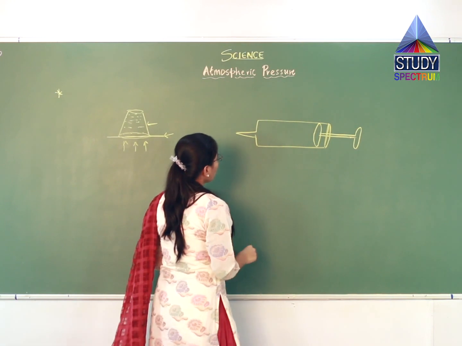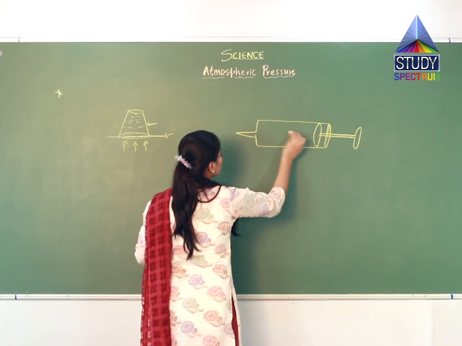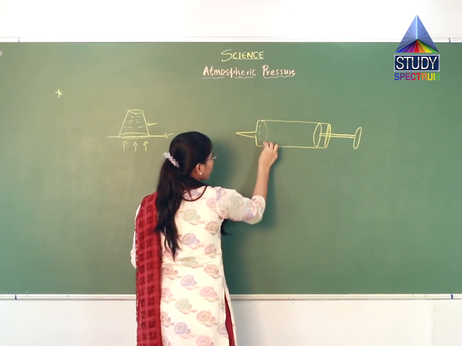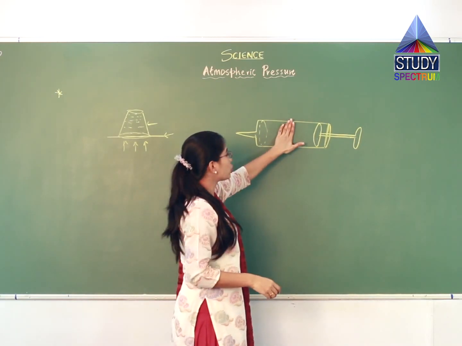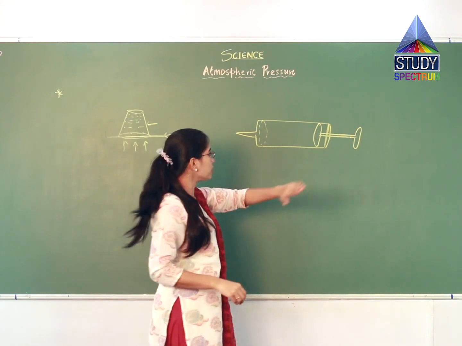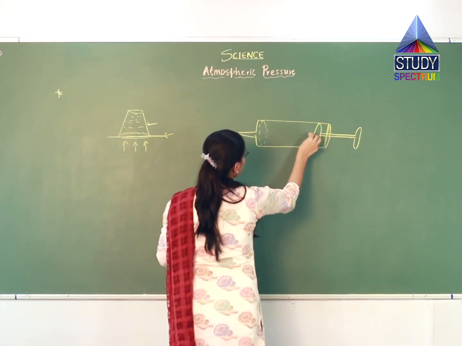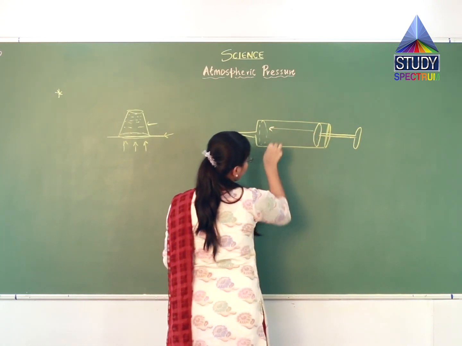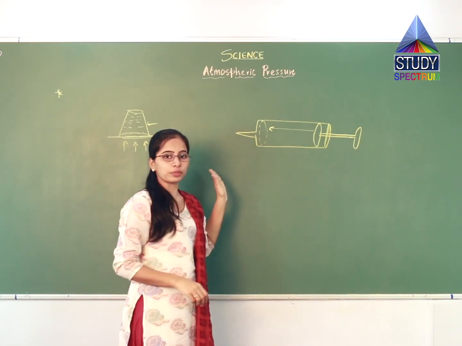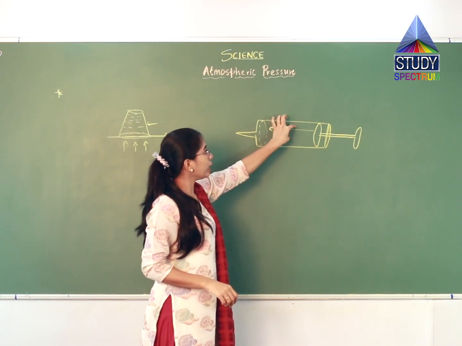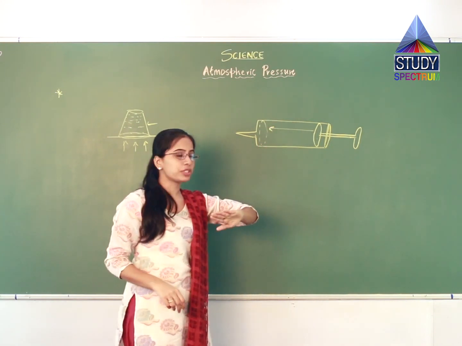We will see. Firstly, suppose your piston is here. When you push it, whatever air is inside the pump goes out. So from here you push the piston in the first case, and the air inside will go out from the mouth. So now the area of the spray pump is empty.